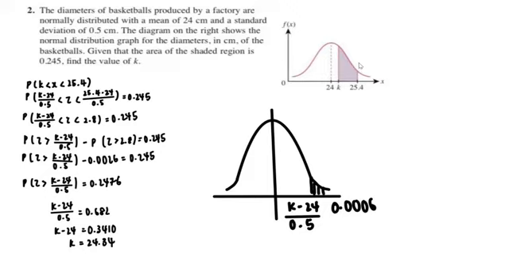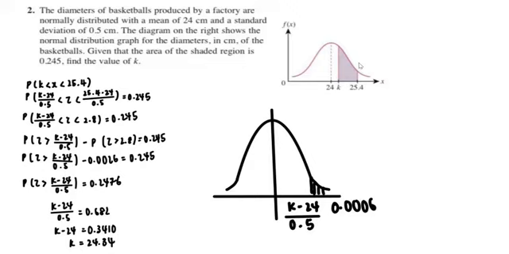For the first one, S is 25.4 minus our mean 24, divided by 0.5. We get 2.8.